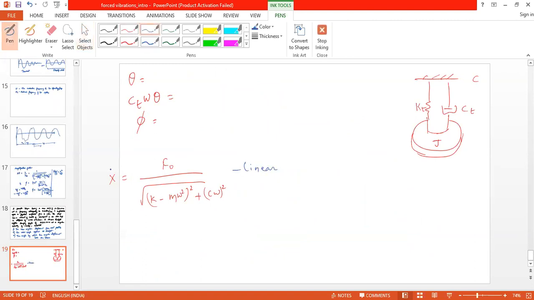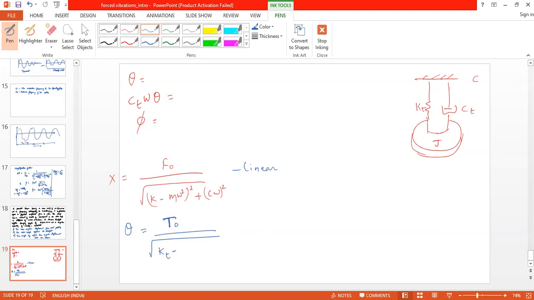This is for linear, and what is for torsional? In place of X, I should write theta, which is equal to, in place of S0, T0, that is, the torque.